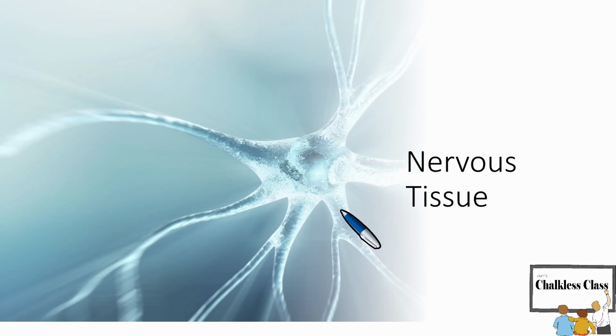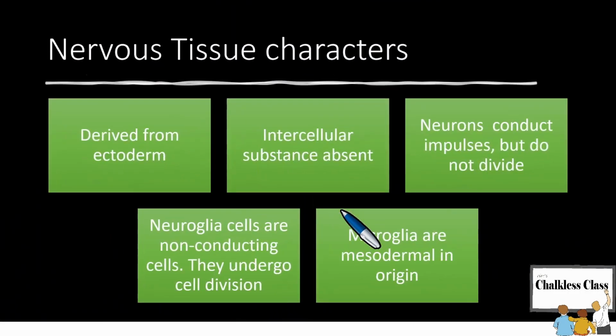Next, nervous tissue or neural tissue. The nervous tissue is derived from ectoderm. Intercellular substance is absent. Unlike connective tissue, there is no intercellular substance or matrix. The neurons conduct the impulses.